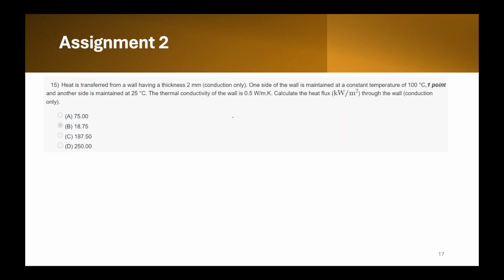So the heat rate of conduction is basically given by this formula.